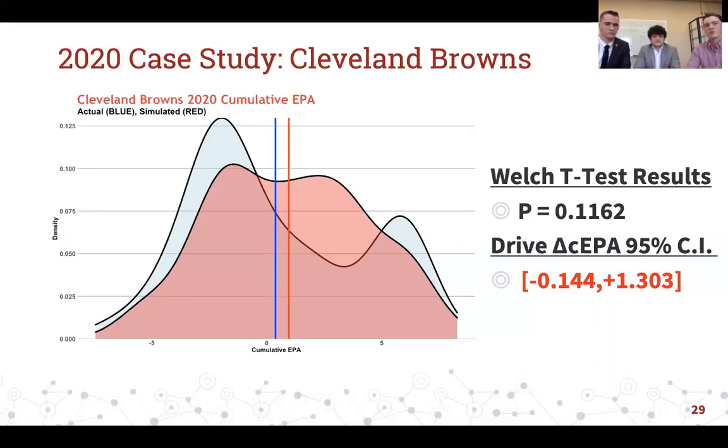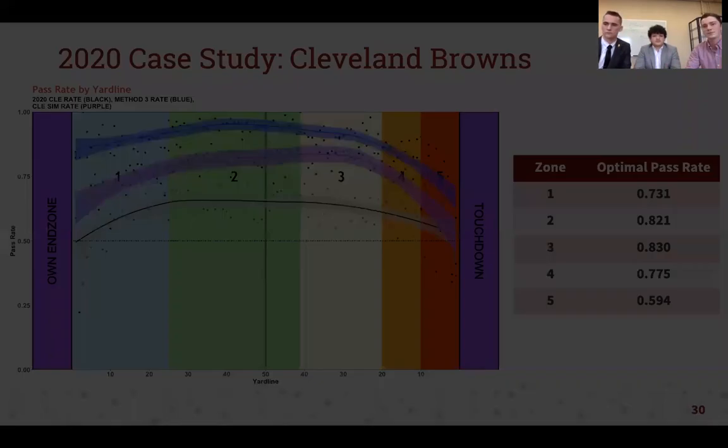We're producing fewer drives that are negative in cumulative EPA, and we're producing more steady drives, as we can see with a drive EPA around 3, which is the highest density above 0. So although we don't produce a statistically significant mean difference, we still think it is significant that we are producing steadier drives as observed by the density plot.